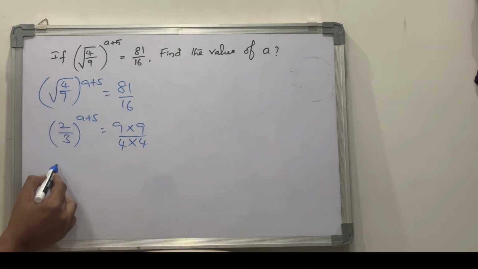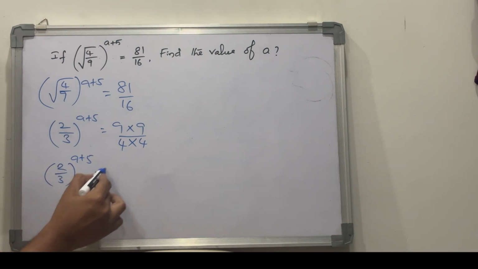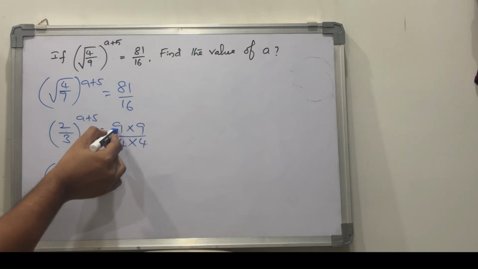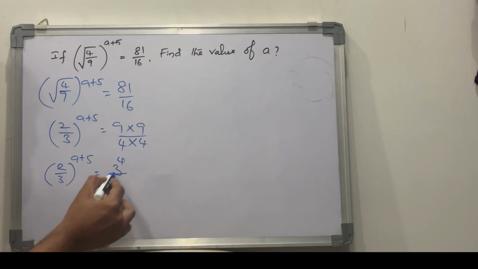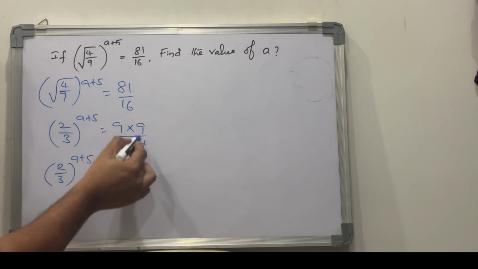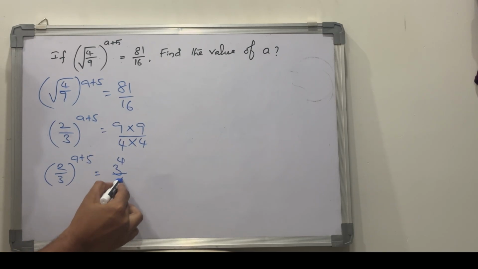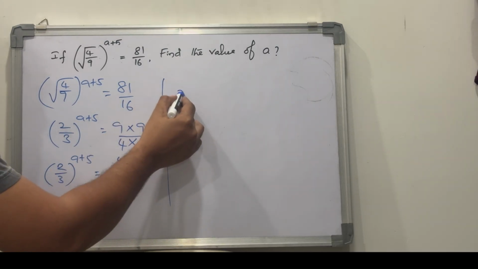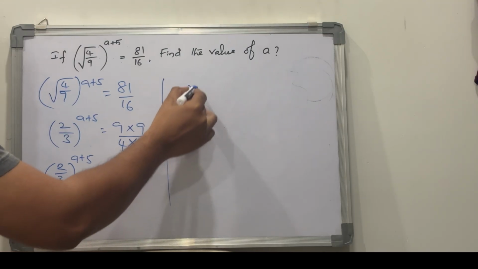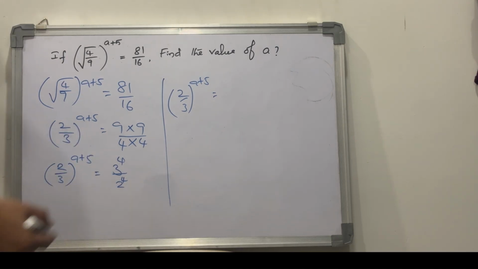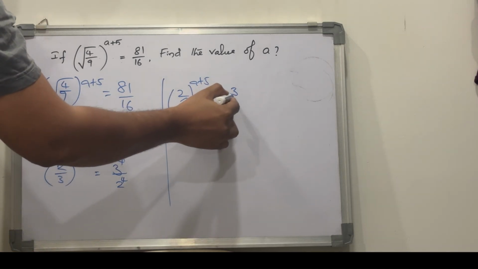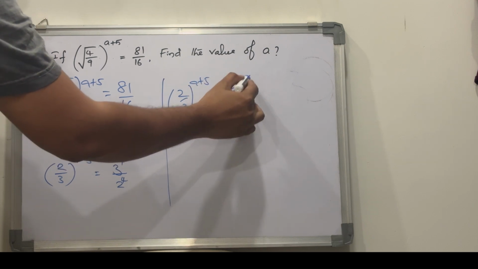Okay, then next, 2/3 whole power a plus y equals to, you can write this one as 3 square and 3 square, that means 3 power 4, by 2 square and 2 square, 2 power 4. Alright, next, 2/3 whole power a plus y equals to, you can write this as whole power 4, 3/2 whole power 4.